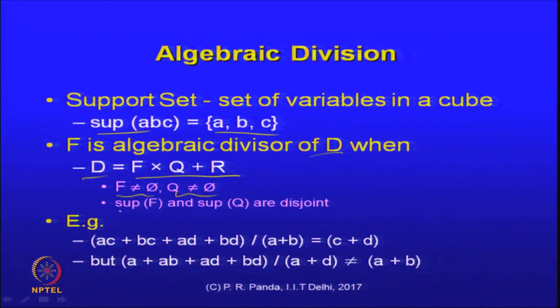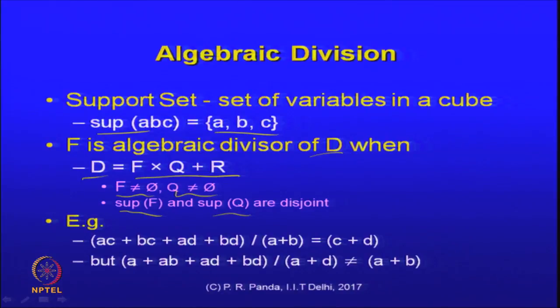We will also have the support set of F and the support set of Q being disjoint. This is the division that I am trying to perform, AB plus AC plus BC plus AD. That expression is being divided by A plus B. I should get C plus D. That is true in Boolean algebra, it is also true in other algebras.